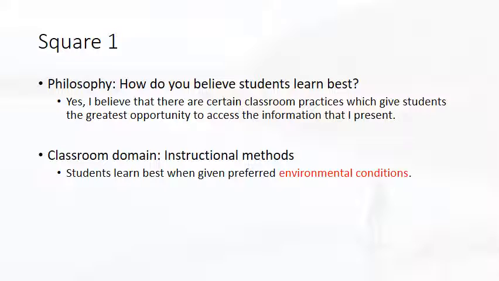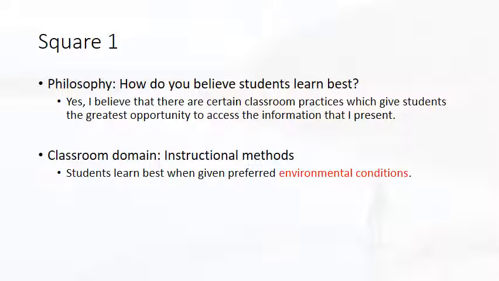Fair enough? Good. What domain do I want to put it in? Where am I looking, where does this philosophy live? So I chose the instructional methods bullet point, and now I kind of want to combine them here. I have my philosophy that students learn best within the instructional world, within my classroom world. How do they learn best?